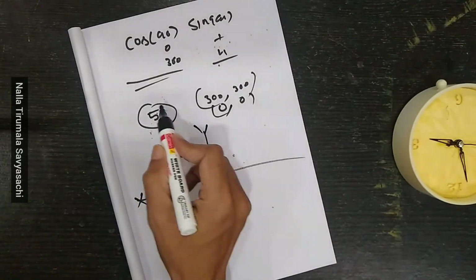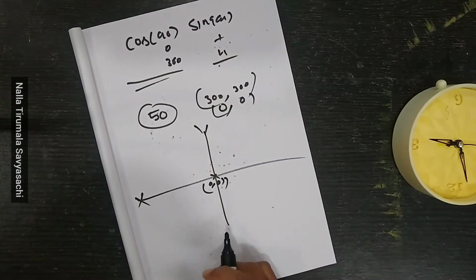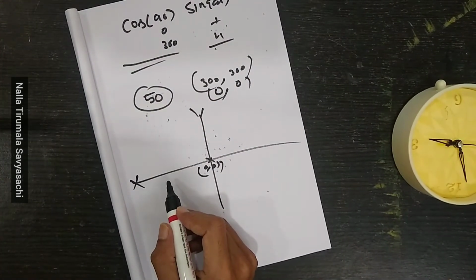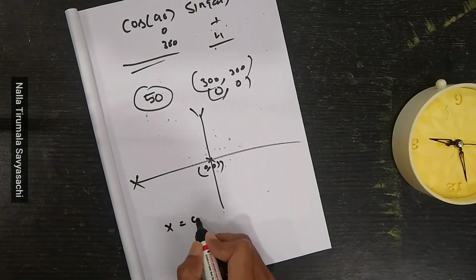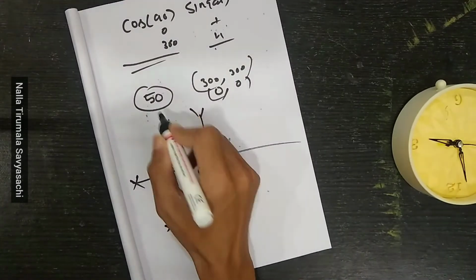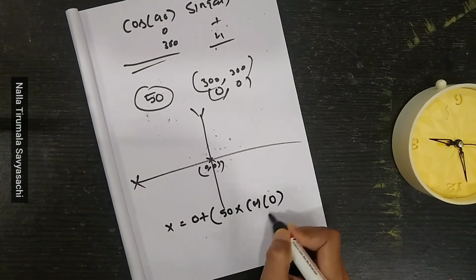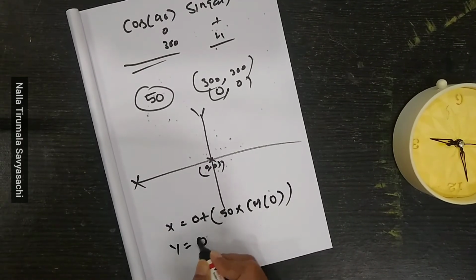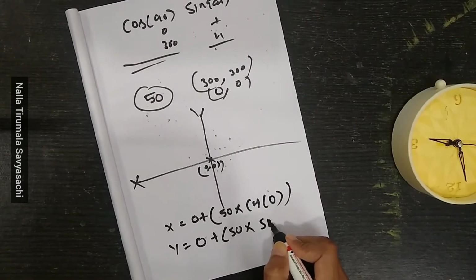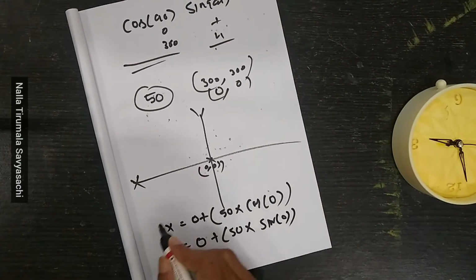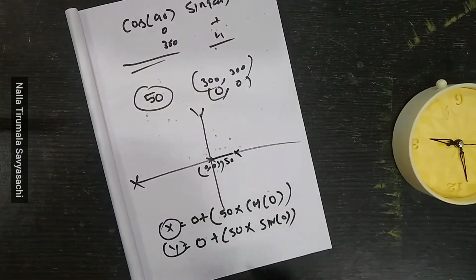If I want to draw a circle on this graph with radius 50, first we need to find x equals 0 plus r, which is 50, multiplied by cos 0. In the same way, y equals 0 plus 50 multiplied by sin 0. If we calculate this value, we will get this point.